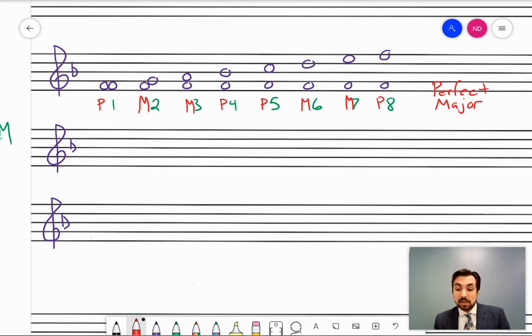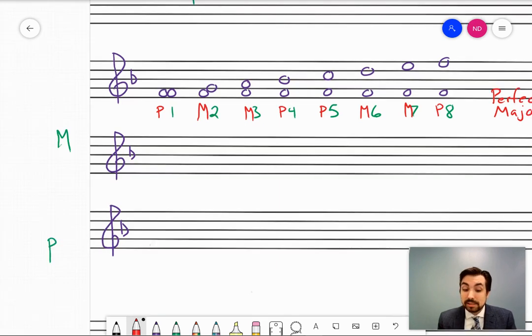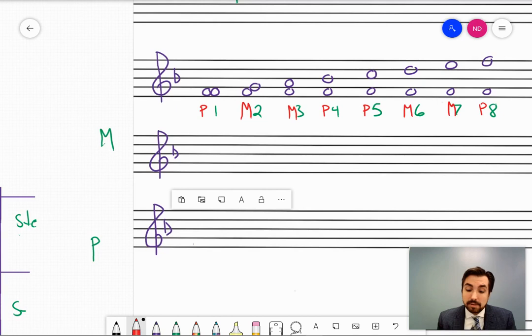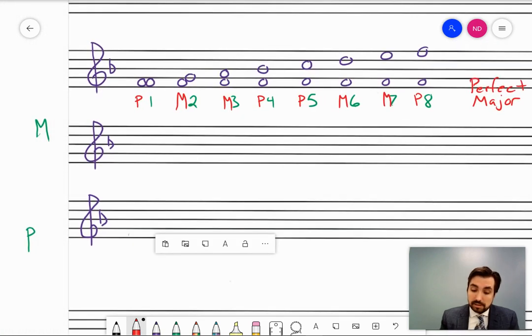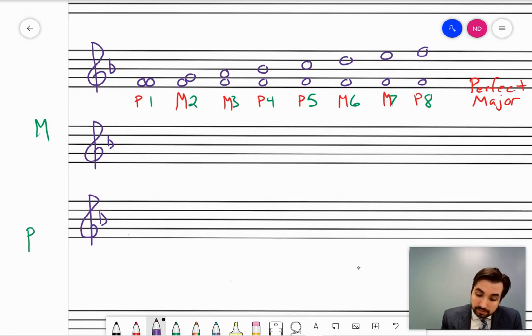Okay, now let's start talking about what happens if I have notes that don't belong to the major scale, or if I start doing things to perfect and major intervals. So let's take this major third and rewrite it over here.